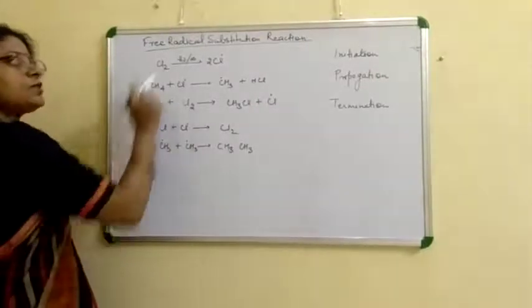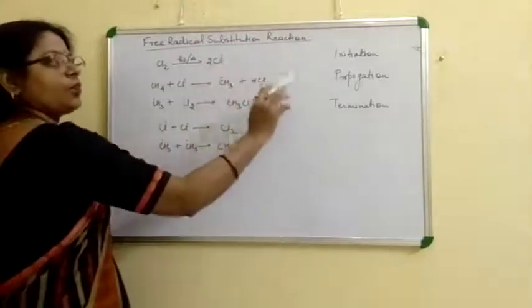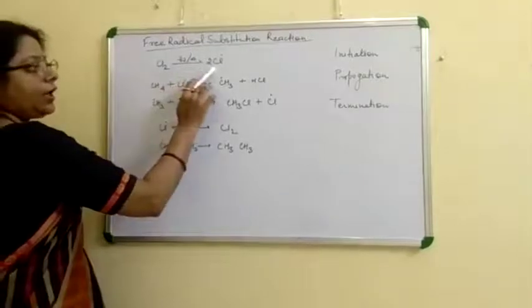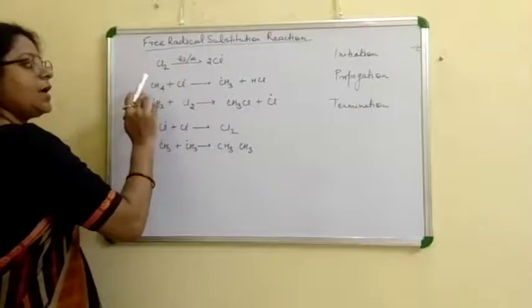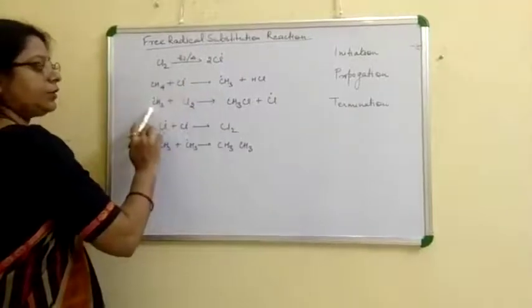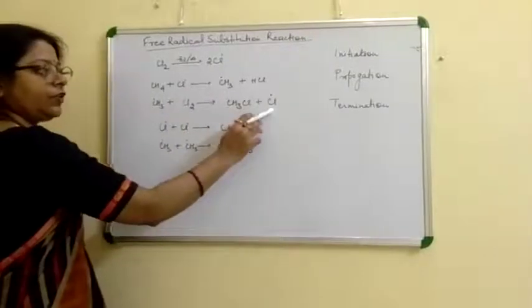So free radical substitution reaction takes place in three steps: initiation, propagation and termination. In the first step, the free radicals are formed, which is known as the initiation step. Second, the alkane changes into the alkyl radical, and then the alkyl radical reacts with the halogen to form another free radical.